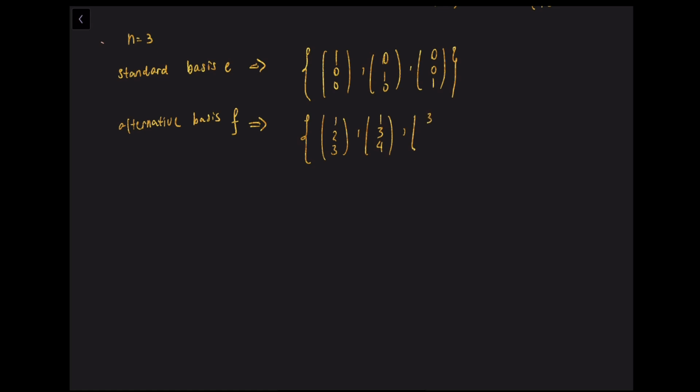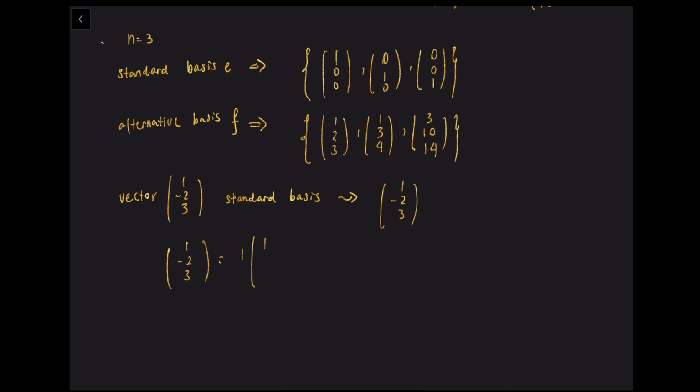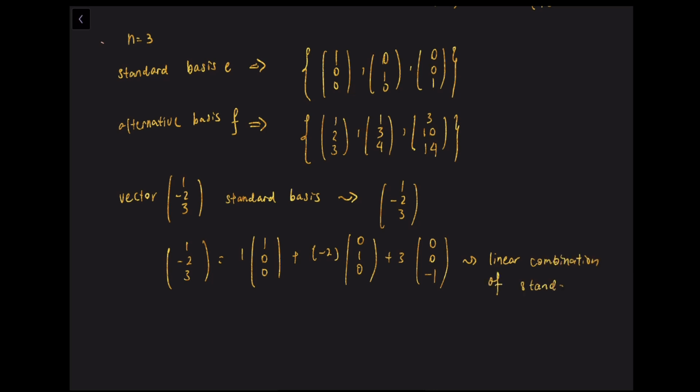The vector (1, -2, 3) with respect to the standard basis is written as the same (1, -2, 3). Note that (1, -2, 3) equals 1 times (1, 0, 0) plus -2 times (0, 1, 0) plus 3 times (0, 0, 1), a linear combination of the standard basis vectors.